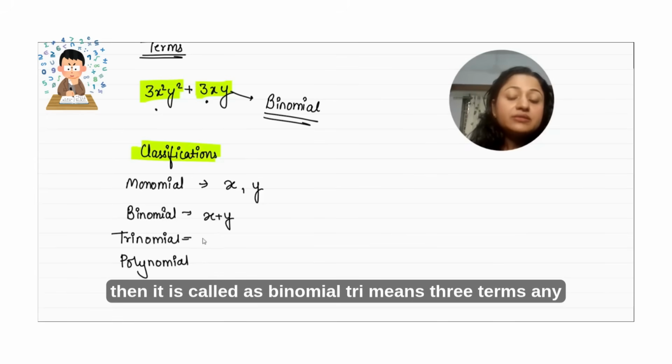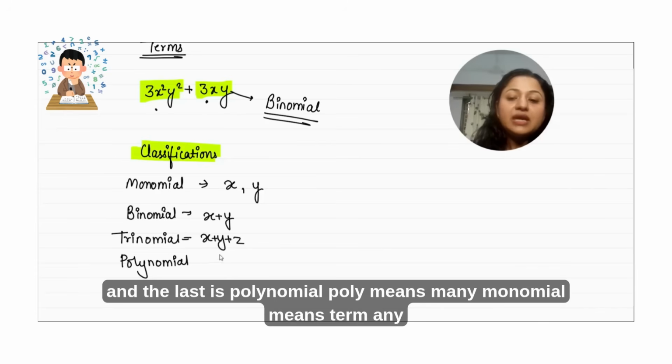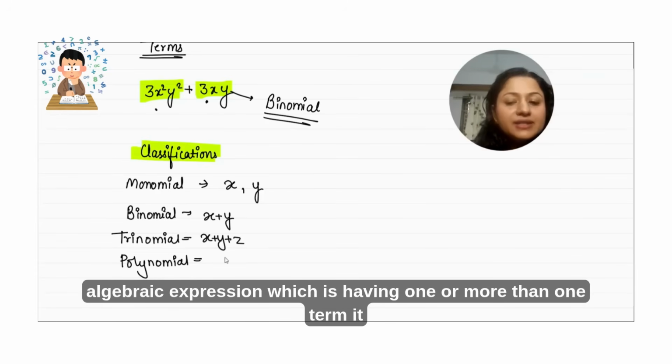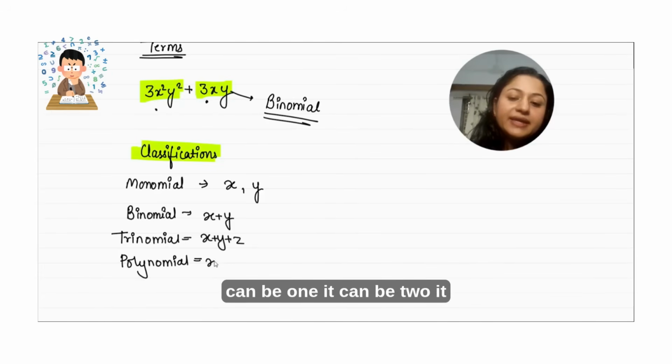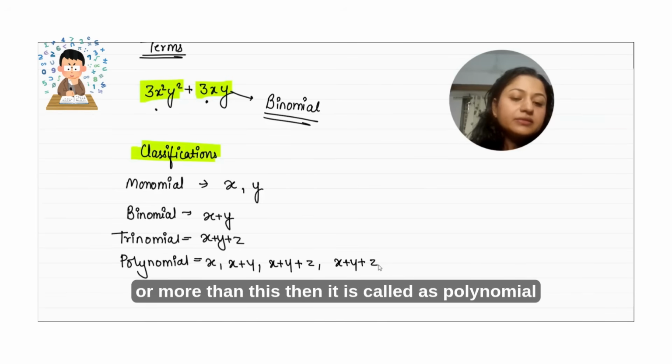Tri means three terms. Any algebraic expression which has three terms is called a trinomial. And the last is polynomial. Poly means many. Nomial means term. Any algebraic expression which has one or more than one term, it can be 1, it can be 2, it can be 3, or it can be 4, or more than this, is called a polynomial.